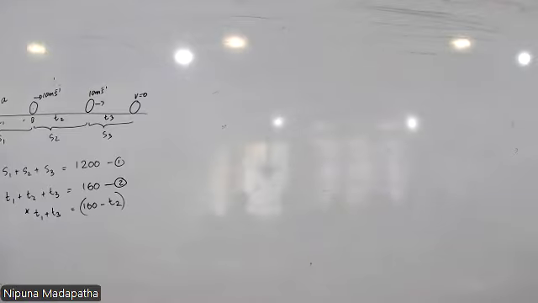My plan is to get three expressions for S1, S2, and S3 in terms of T1, T2, and T3. Then I'm going to add those three equations, which gives S1 plus S2 plus S3, equal to 1,200.